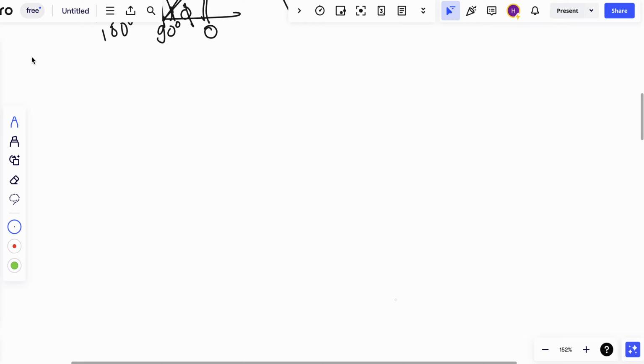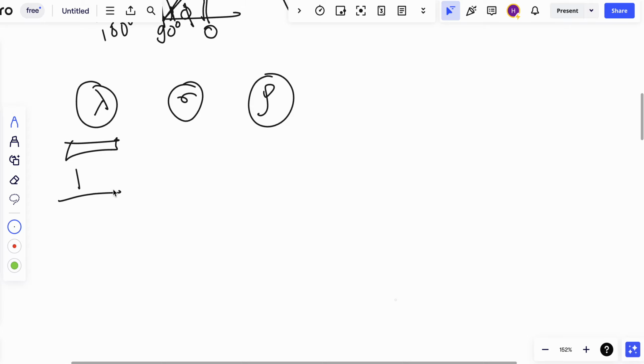Now there are three things: lambda, sigma, and rho. Lambda is generally used for rods, rings, where you need to take a length. It will solve your problem, like the length you travel.